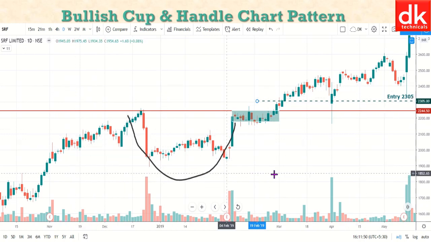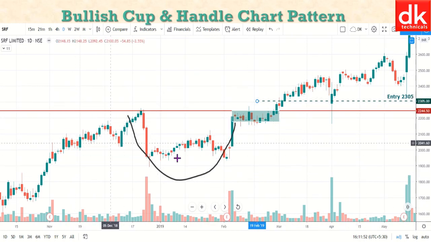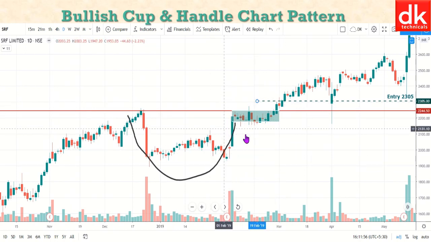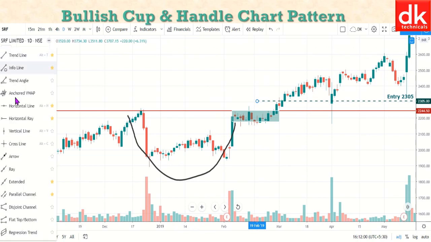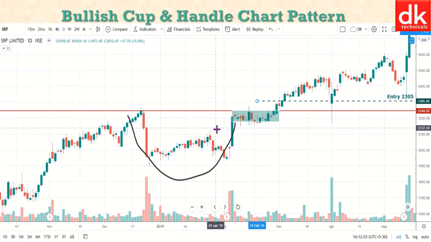Now this is already marked here. And what should be our stop loss? Our stop loss would be the previous swing low, here the lowest point of this consolidation band. I am looking at the price action, and accordingly let us always give some cushion when fixing the stop loss, so that our stop loss is not triggered because of market noise.